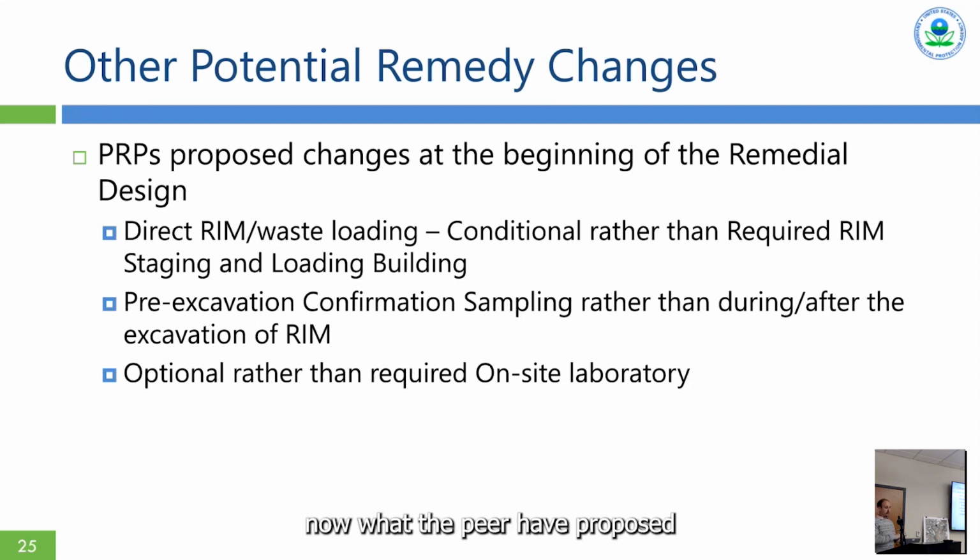Now, what the PRPs have proposed is they believe that a disposal facility will eventually, even under current waste acceptance criteria, approve disposal of rim directly, like it comes out of the ground, like with a backhoe.